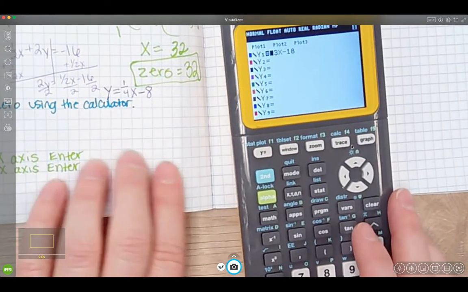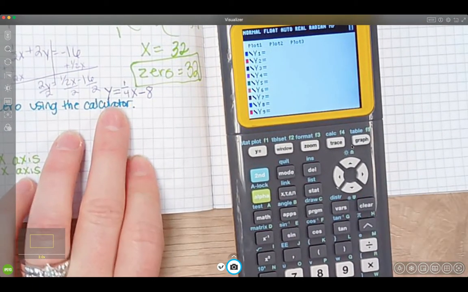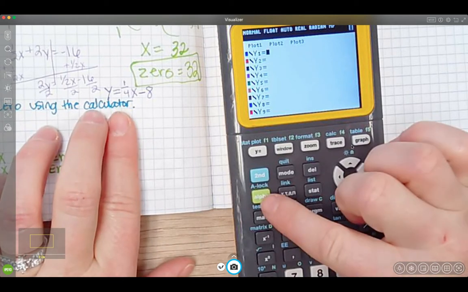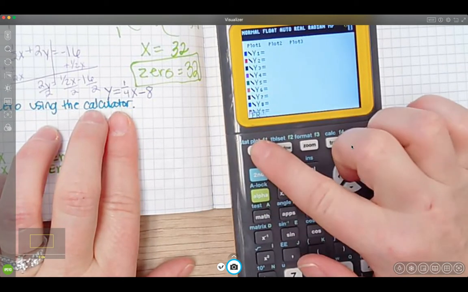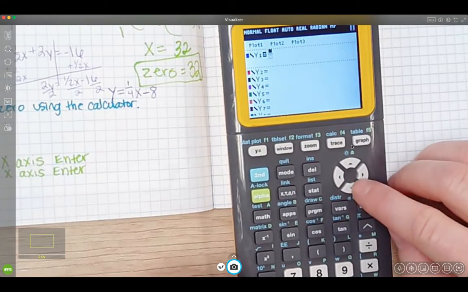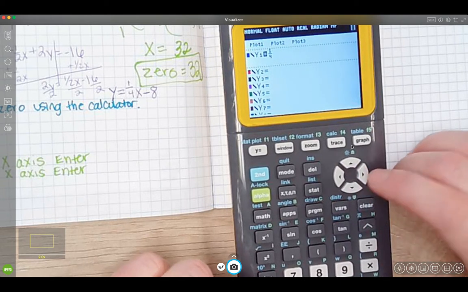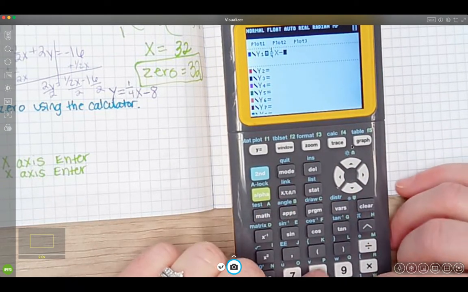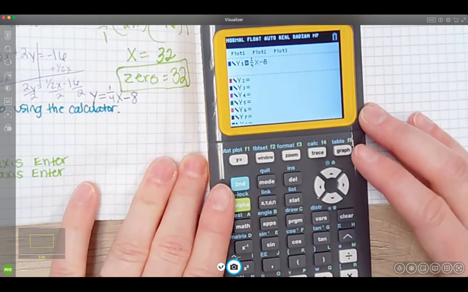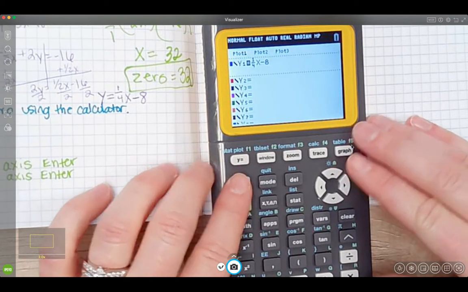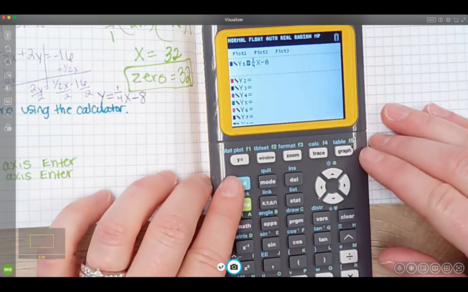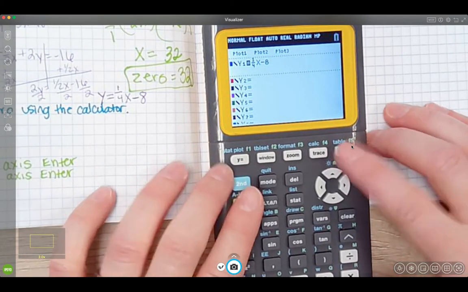Okay, so let's go to y equals and put that equation in. Alpha y equals for my fraction 1/4 x minus 8. And then I'm going to go to graph.